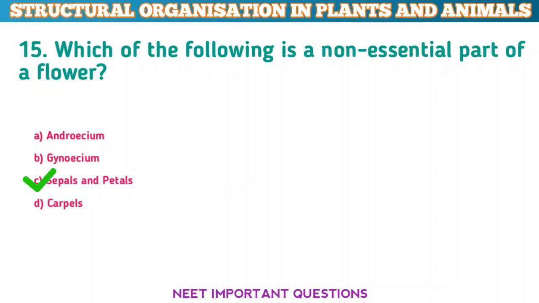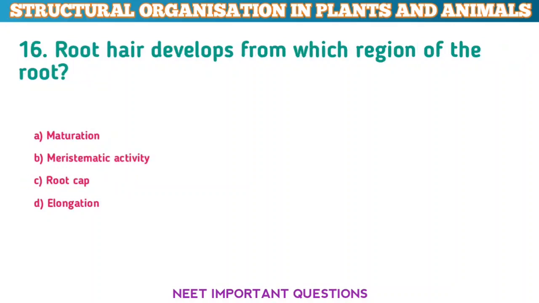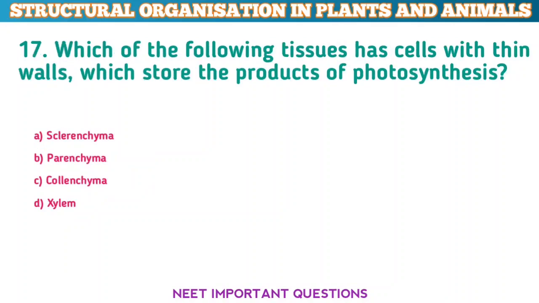Answer. C. Sepals and petals. 16. Root hair develops from which region of the root? Answer. A. Maturation.